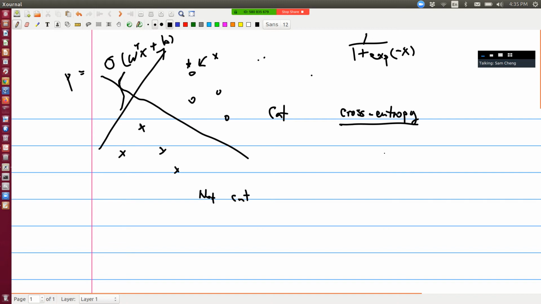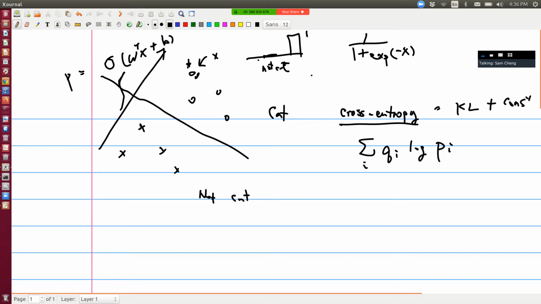If you remember, cross entropy has this form, and essentially you can think of it as a KL divergence plus some constant. What you're measuring, as we discussed last time, is the distance between the ground truth distribution and another distribution. For this point here, we know for sure it's a cat, so the non-cat probability is 0 and the cat probability is 1.